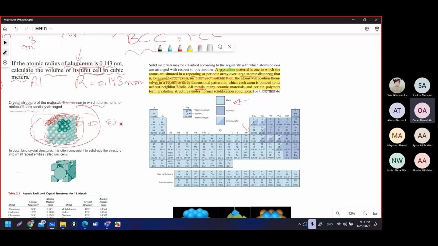In describing crystal structure, it is often convenient to subdivide the structure into small repeat entities called unit cells. So if I take, for example, and assume right now that aluminum has a unit cell which is a cube, and I repeat this cube again and again, I will have the total crystal structure.